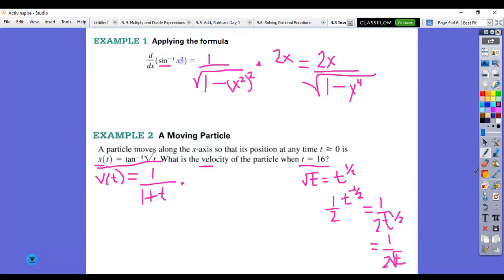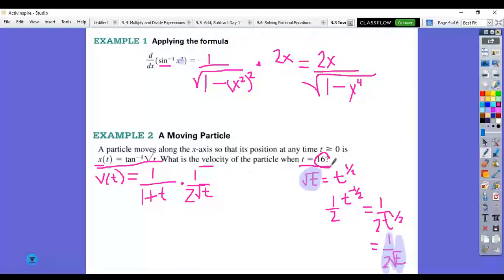One thing that's super helpful: when you see the derivative of the square root of something, it's automatically 1 over 2 times that square root, whatever's under the square root. If there's extra stuff, you just tack on the chain rule. So the derivative of the square root of t is 1 over 2 square roots of t.